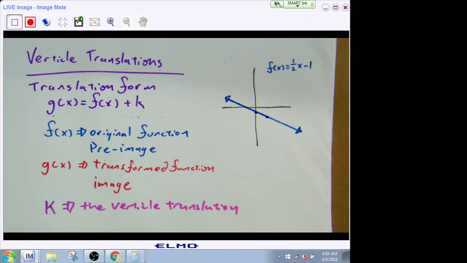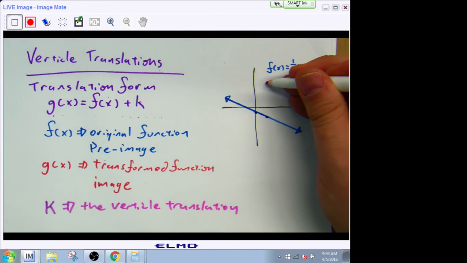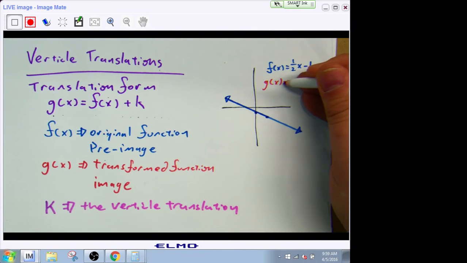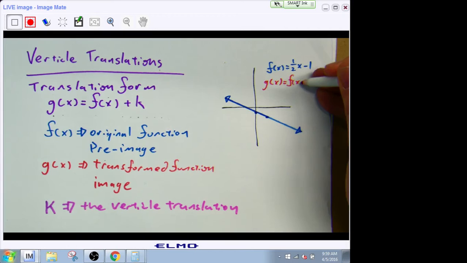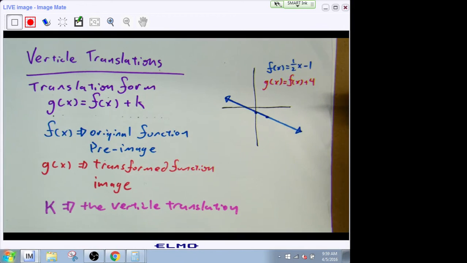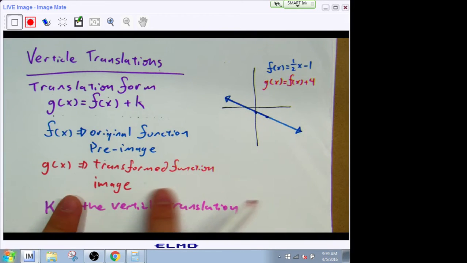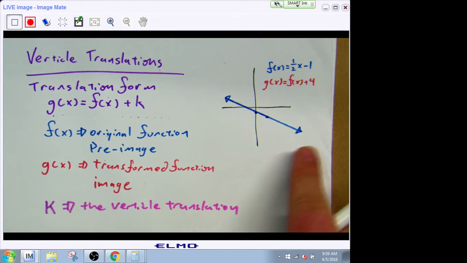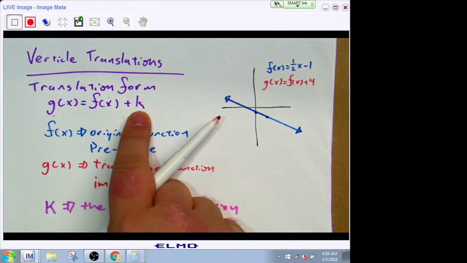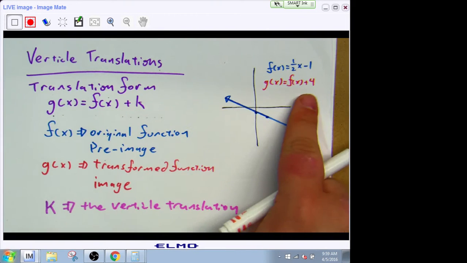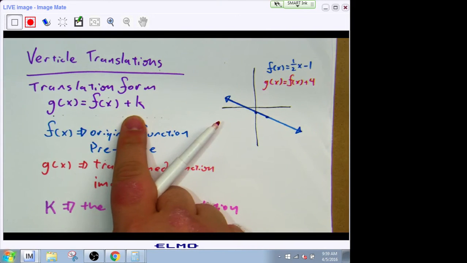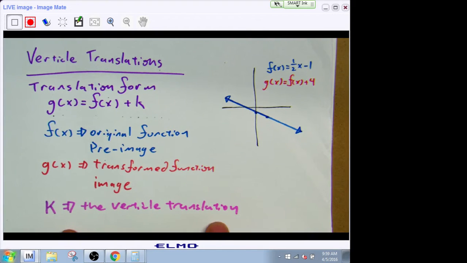Now let's say I then had g of x equals f of x plus 4. Well, what does that mean? Well, g of x is my transformed function, and there's this plus 4 here. That plus 4 is the k. So that means that has to be my vertical translation.